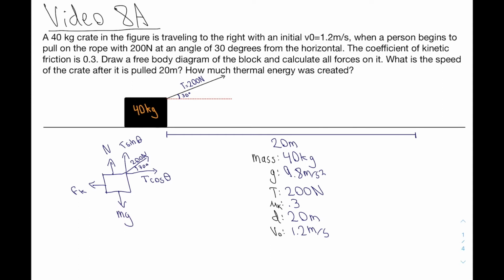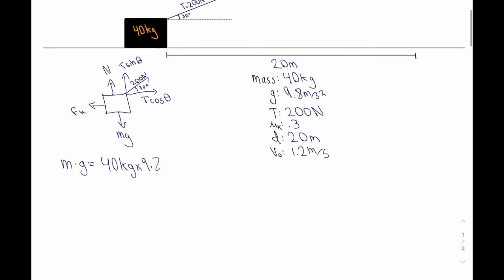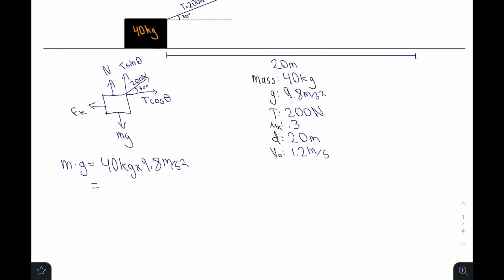Now let's try to figure out the values for some of these forces. So we know mg, we can find that as the mass, 40 kilograms, times 9.8 meters per second squared. That's going to give us 392 newtons, which will be mg, as well as the normal force.